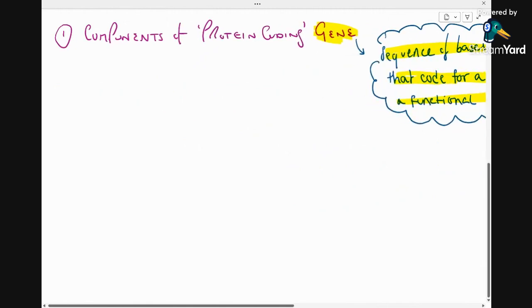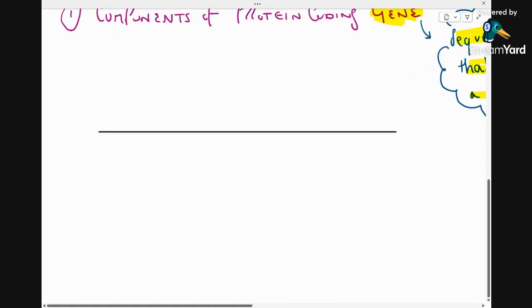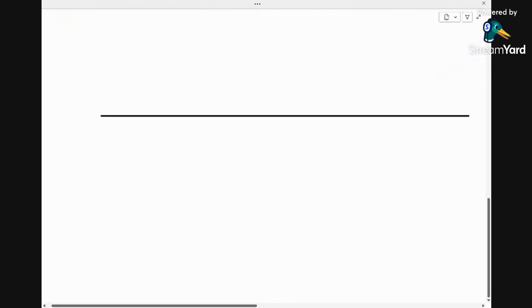So all genes must have the following. So if I draw my DNA like this, I will just draw one strand for now. Imagine this is the double helix. This is two strands. I'm just going to draw it as a line. And of course, you have your polarity, so 5' and 3'. You have a gene. So let's put the gene in here, and I'm going to code it in blue.